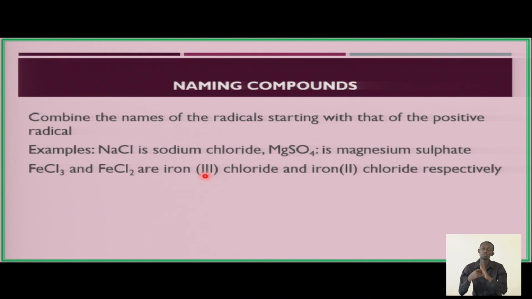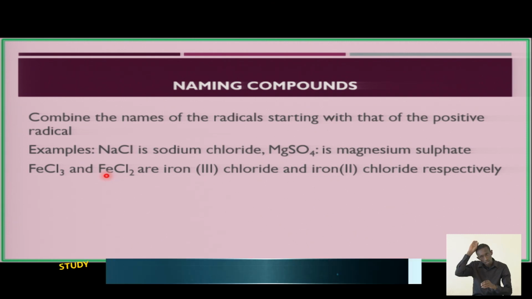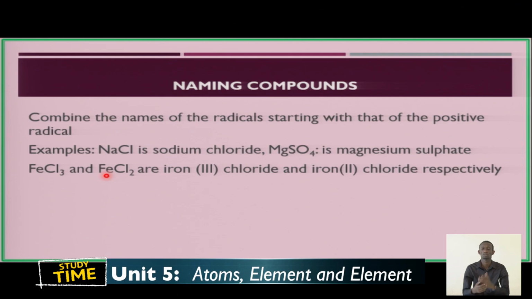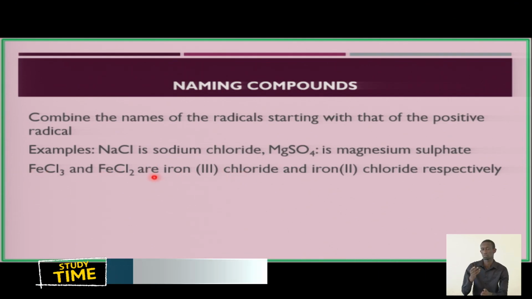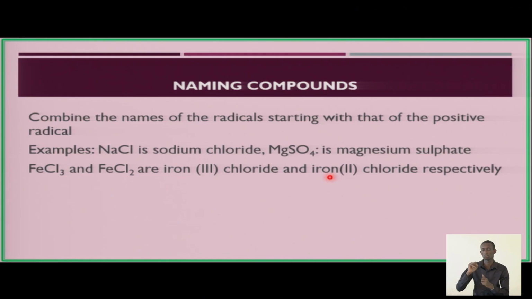You remember how we named these monoatomic ions, which have different charges but come from the same element. We said that you use the Roman numerals in brackets to show the charge on each ion. So here, this one will be iron 3 chloride, and the second one will be iron 2 chloride.